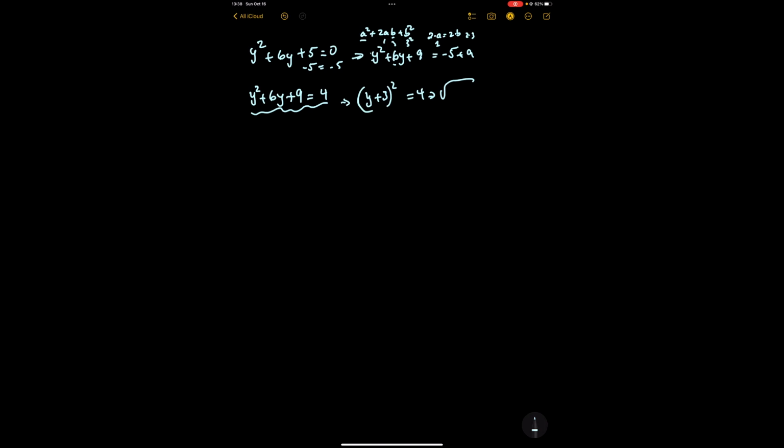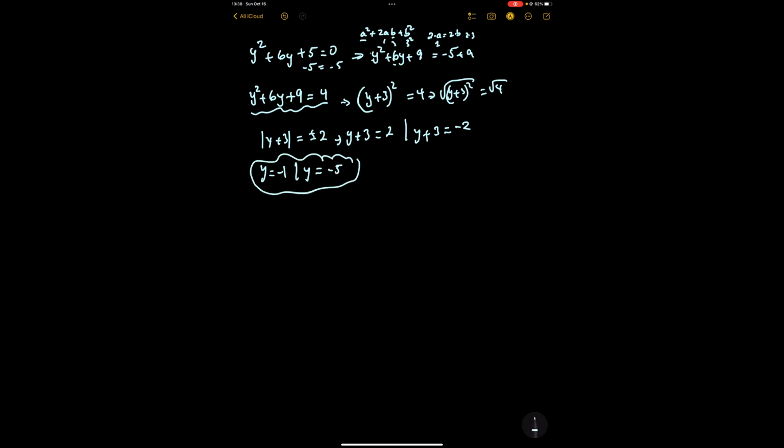So the square root of y plus 3 squared equals the square root of 4, which would be the absolute value of y plus 3 equal to plus or minus 2, where we're going to have y plus 3 equal to 2, or y plus 3 equal to negative 2, where y equals negative 1 or y equals negative 5, and that would be your answer.